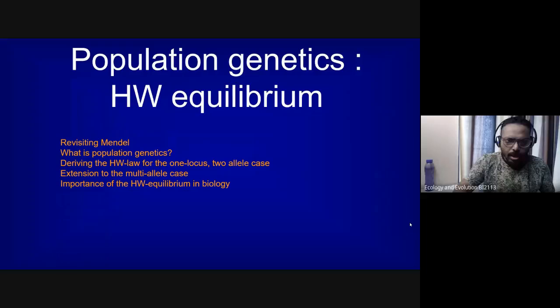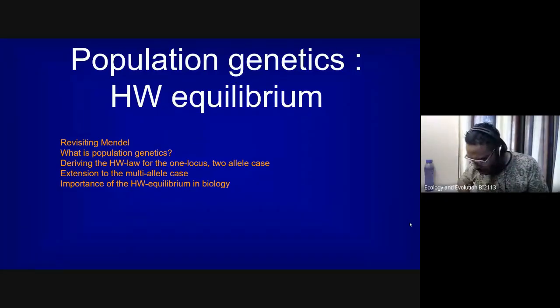so this is a topic that many of you, particularly the ones who had biology in class 12th, have probably already seen. This is very simple, and yet there are lots and lots of people who have major conceptual issues with this deceptively simple law.